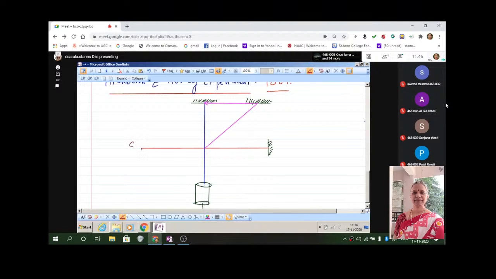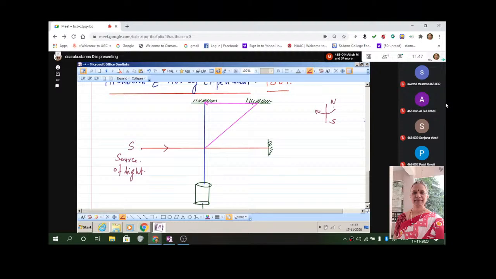This is the source S. This is the source of light. It is traveling to the right. And Earth's rotation is from south, north, west to, this is how it's moving.